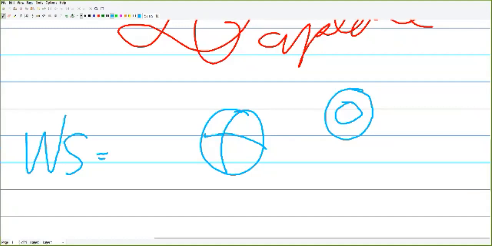The wall stress was the pressure multiplied by the radius divided by 2W.